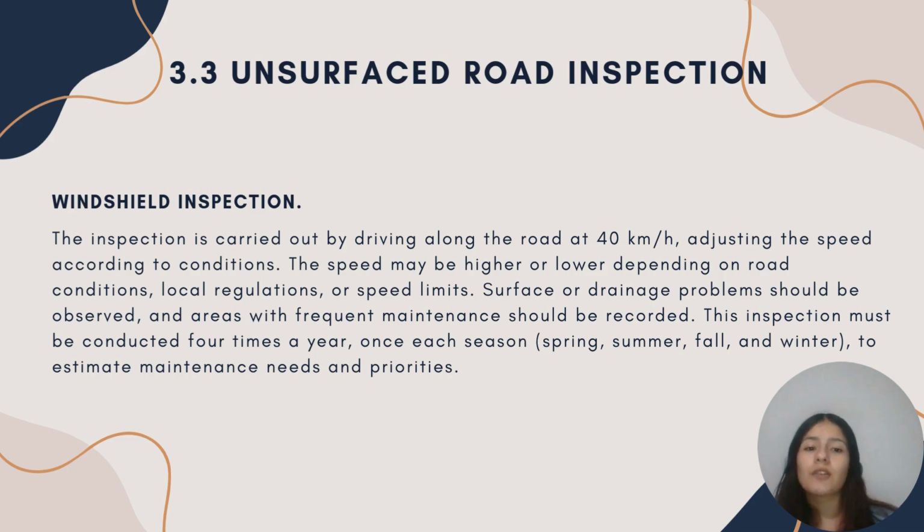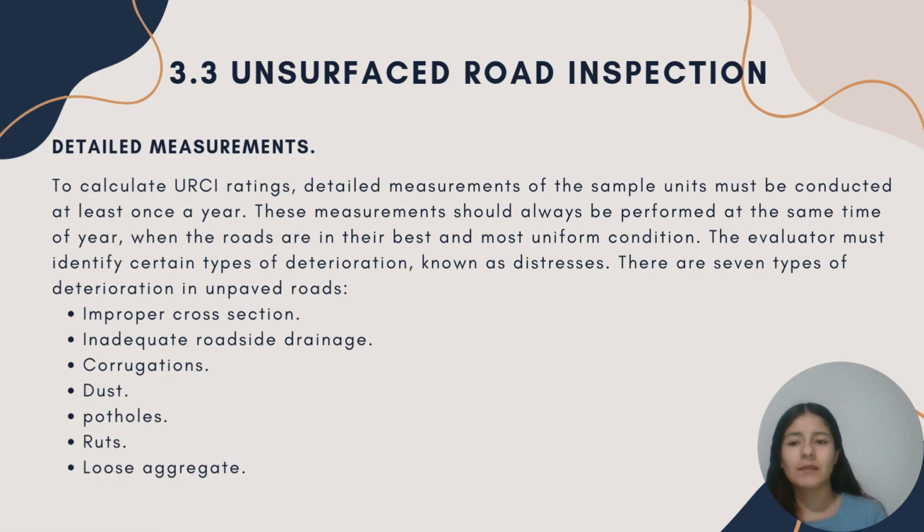Surface or drainage problems should be observed, and areas with frequent maintenance should be recorded. These inspections must be conducted 4 times a year, once each season: spring, summer, fall, and winter, to estimate maintenance needs and priorities.